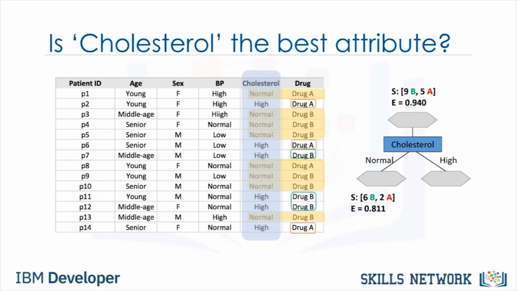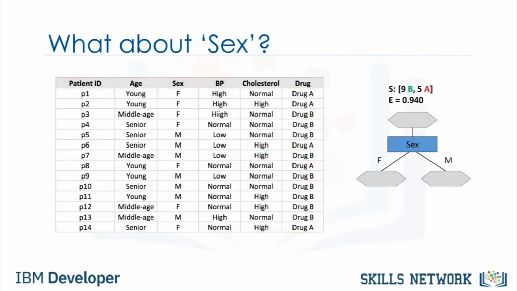But when cholesterol is high, the data is split into 3 for drug B and 3 for drug A. Calculating its entropy, we can see it would be 1.0. We should go through all the attributes and calculate the entropy after the split, and then choose the best attribute.